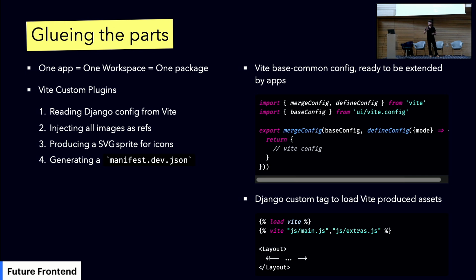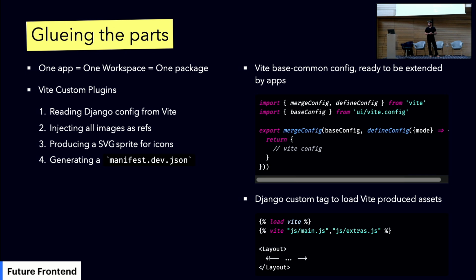So because the application was developed by the service developers who were used to Django, we stuck to the Django configuration. We generated a JSON file from the Django configuration ready to be consumed by Vite. And then in the Vite config, we just extracted the content. So one source of truth for the configuration, it was in Django, and everything was read directly by the Vite config when needed.